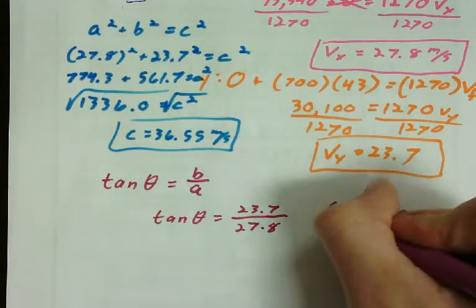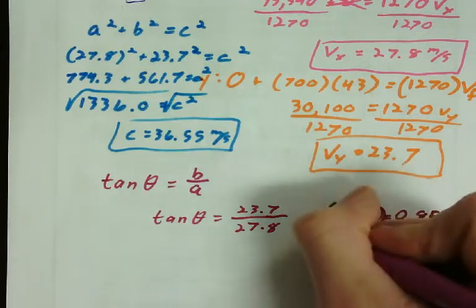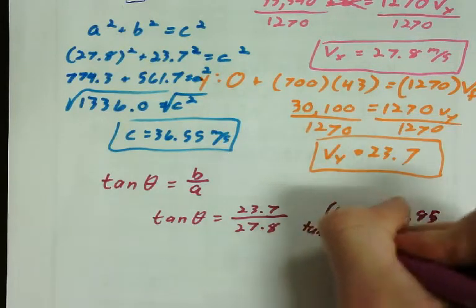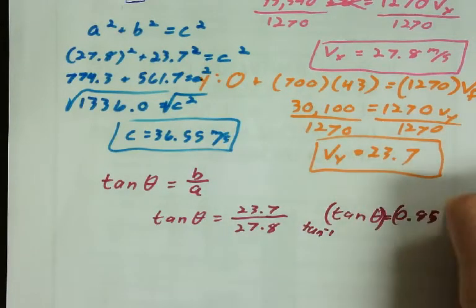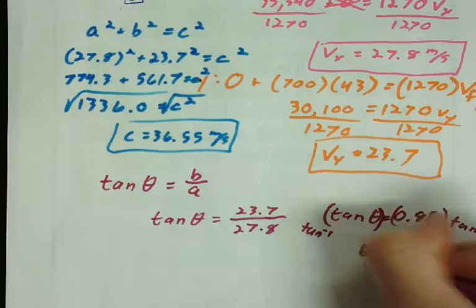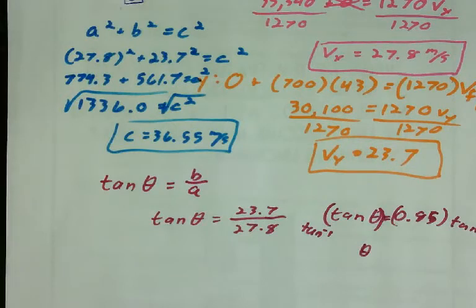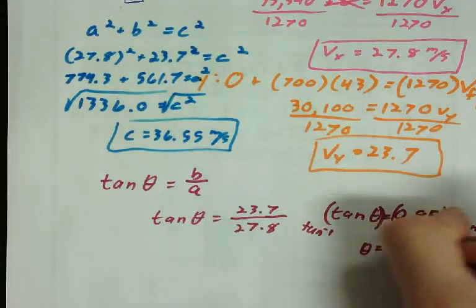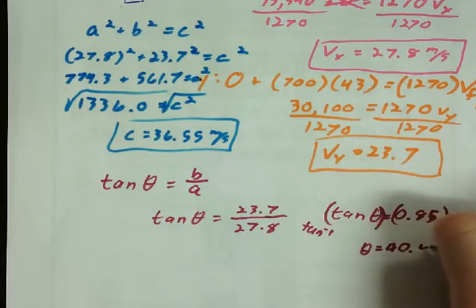I got to do the opposite of taking the tangent, which is the tan -1 button on your calculator. So when I do that, I get 40.4 degrees.